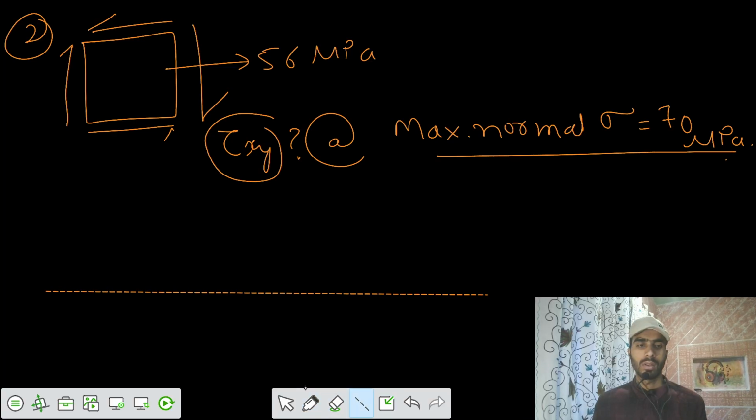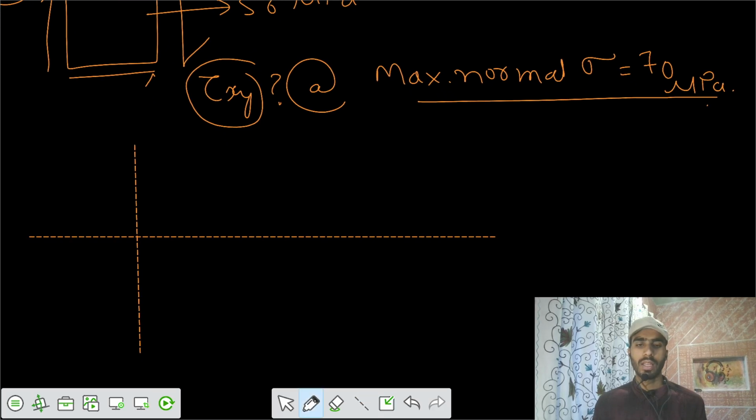So if the maximum normal stress is 70, that means it's the major principal stress, because all normal stresses would be lesser than the major principal stress.